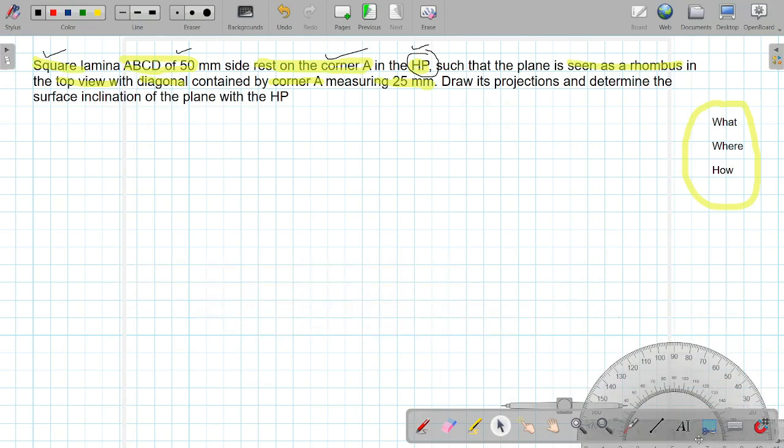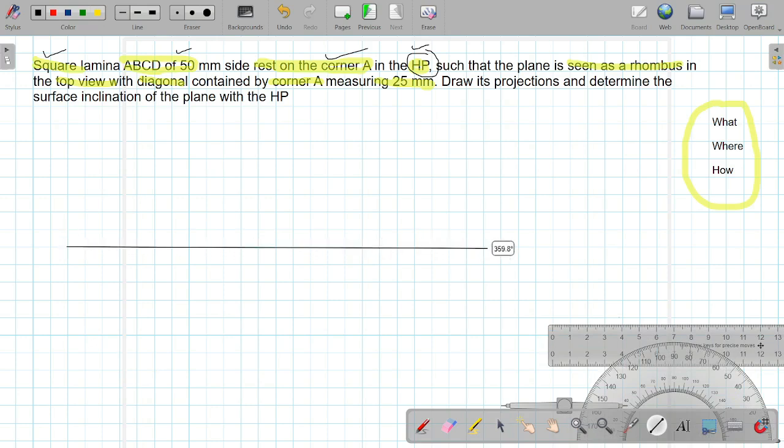First we will make a reference line. Then we have to construct a square such that one of the corners is in HP. So let us see the construction, how it should be constructed. First, take any point randomly.